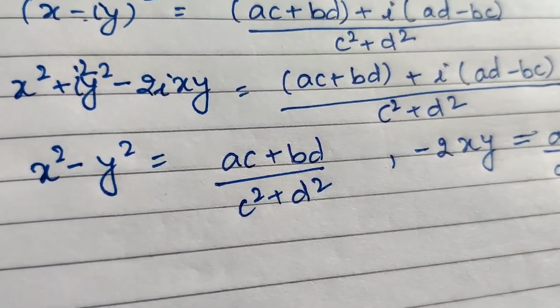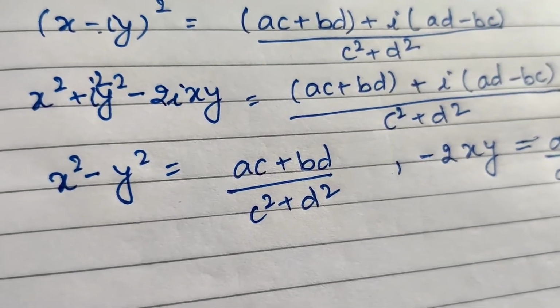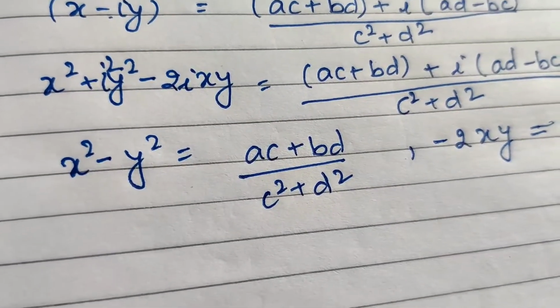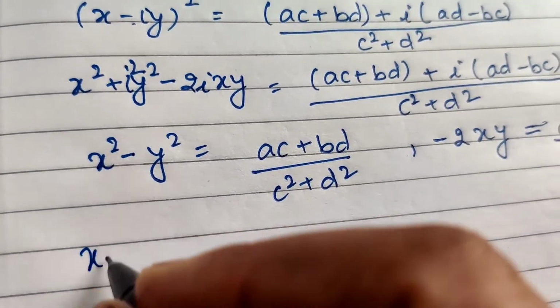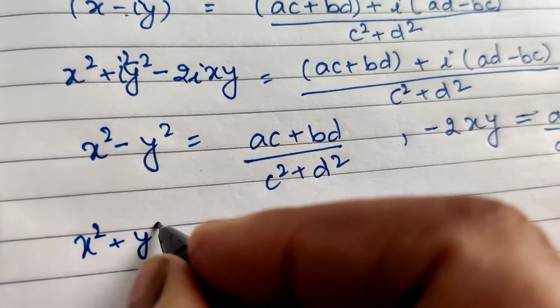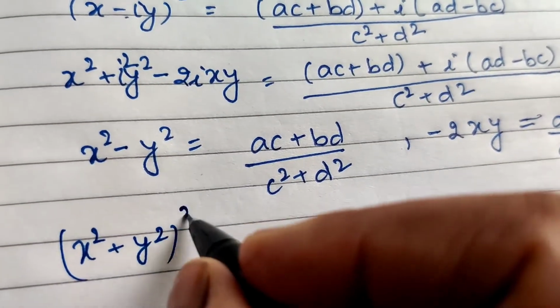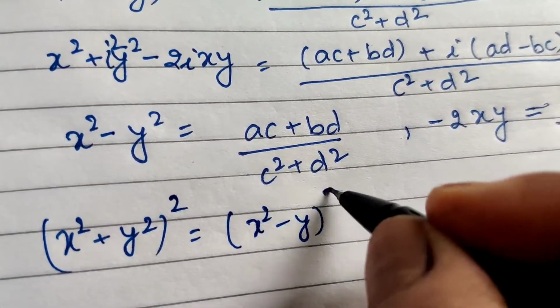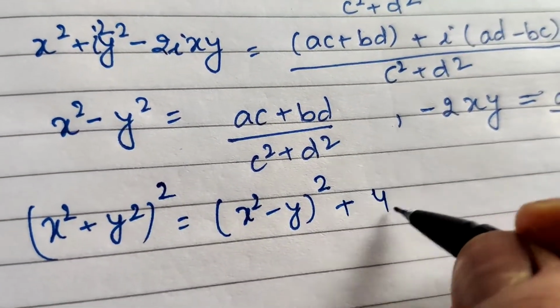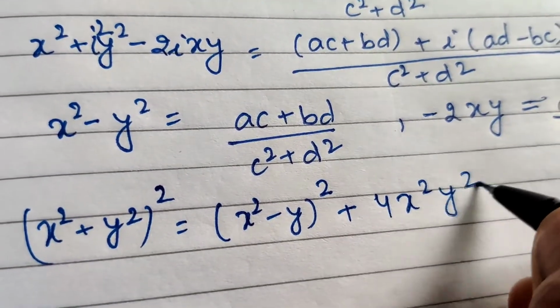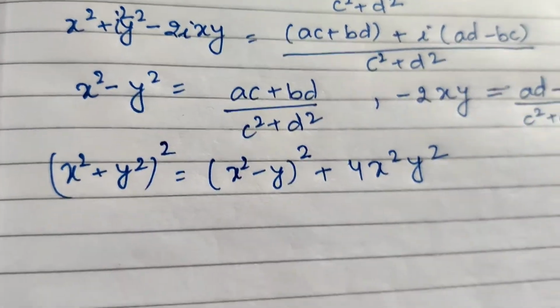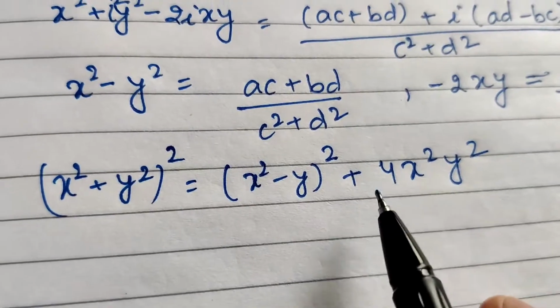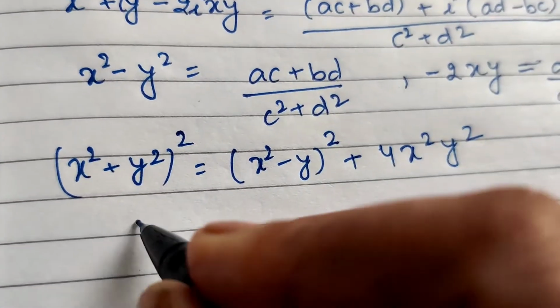Okay, now we have to find x square plus y square. The (x square plus y square) whole square equals (x square minus y square) whole square plus 4x square y square. Now put the values of this.